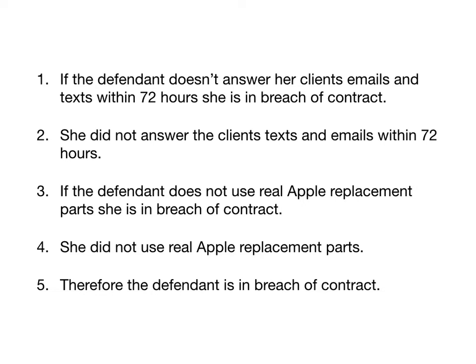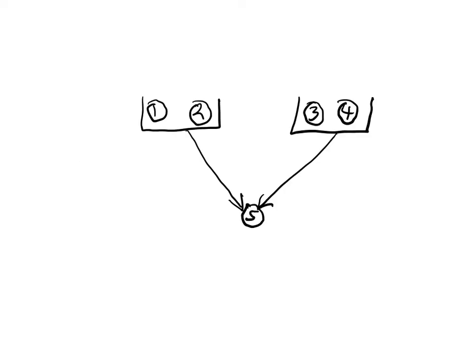So literally, technically, the attorney's giving us two deductive arguments here, each of which should be enough to establish its own conclusion. But if you're diagramming these, you could treat it like this. 1 and 2 support 5. 3 and 4 also support 5. Why is the attorney doing this?